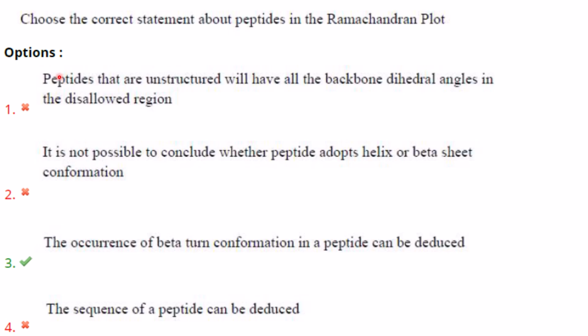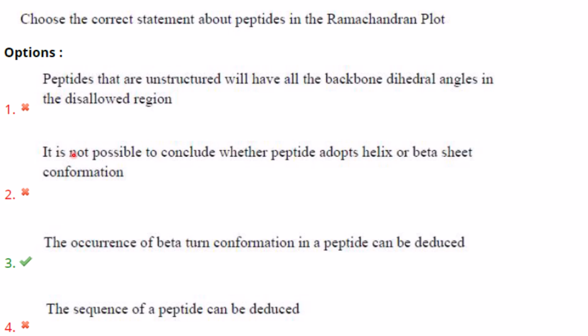The disallowed region of the Ramachandran plot mainly indicates the steric clashes which arise in peptides. But random coils are naturally occurring, so they won't be found in the disallowed region, but they will be found in the allowed regions. Only they will not have proper structure, like the alpha helix, beta sheet, beta turns, etc.